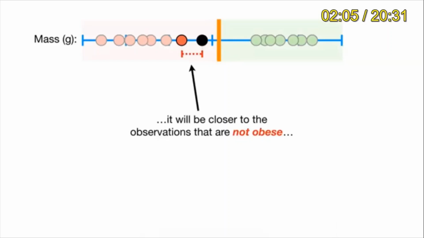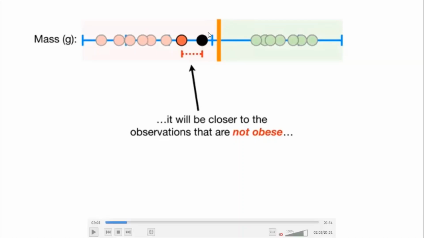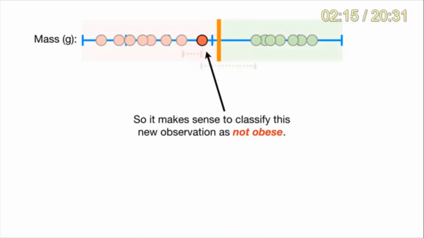Now, again, we take the same point. With the previous threshold, this point was classified as obese, but because of the new threshold, it's classified as not obese, because it is closer to the points which are not obese than to the points which are obese. This sounds fine enough.